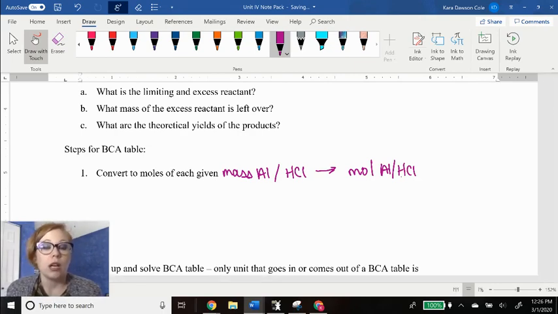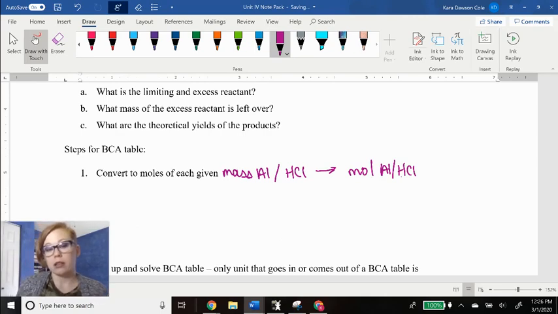I can't compare my masses of aluminum and hydrochloric acid because they are completely different. If they were the same, we could compare the mass, but because they are different, we have to compare in terms of moles. So that is why we have to have moles.